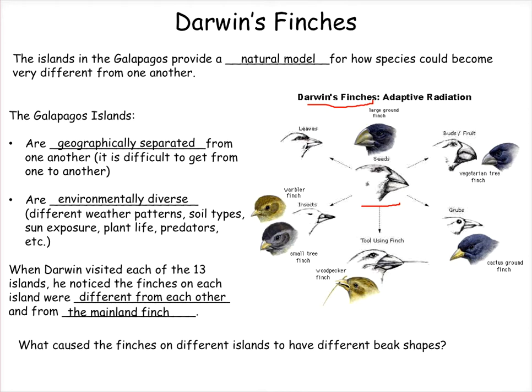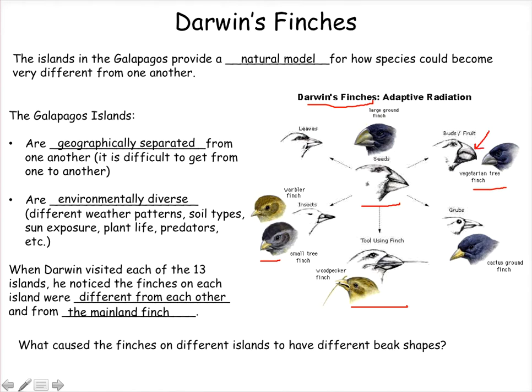As you look around the diagram, you see finches that were found on the various islands. And if you compare them, you can see that their beak shapes are different. For instance, up here we see a heavier, more stout beak shape.